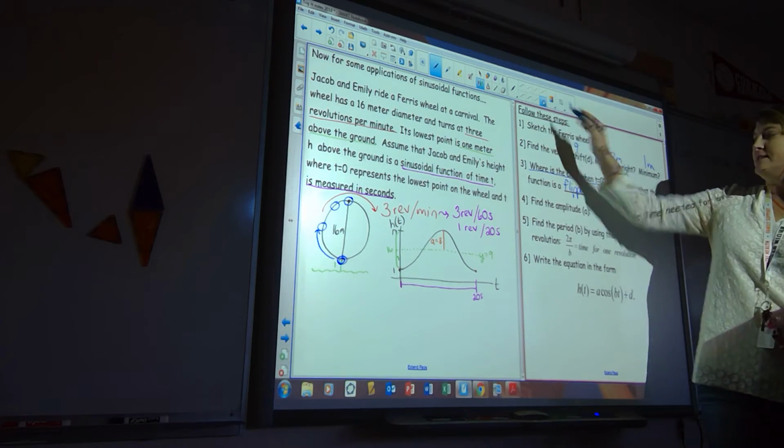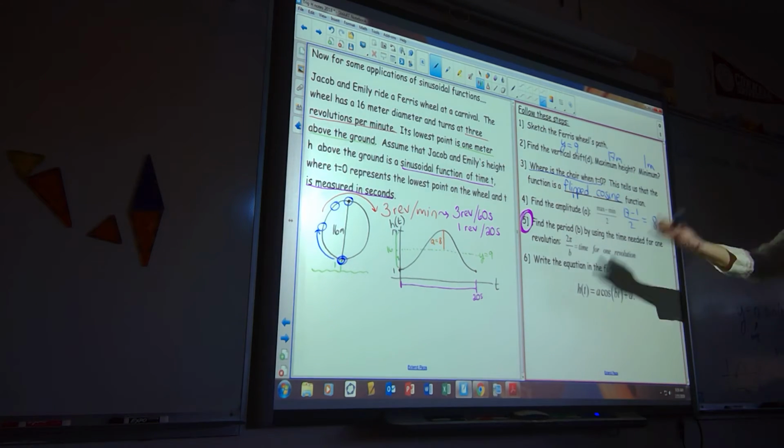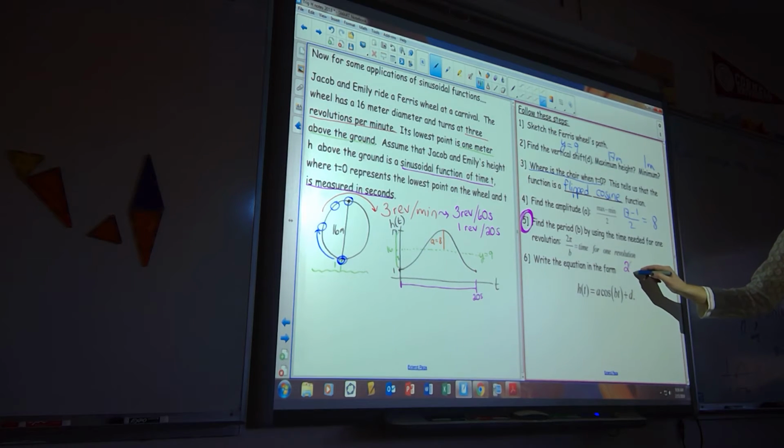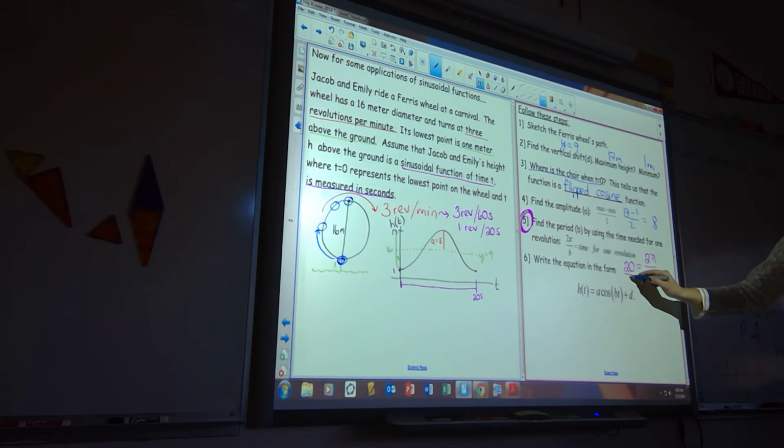And then the last piece, this is the one that takes a little bit of work. We do know that a full rotation takes 20 seconds. So 20 seconds is the period value. We're going to set that equal to 2 pi over b, because it's the b that we need for the equation. So now let's cross multiply.